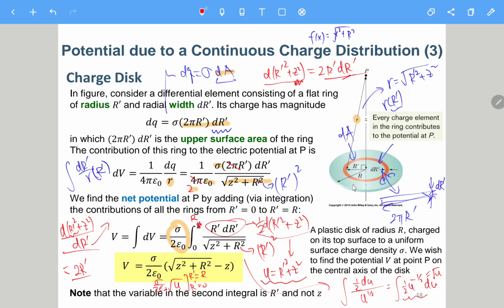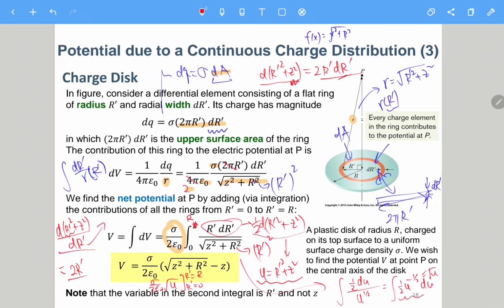Z is kept constant because this is the point where we would like to find the electric potential. So z doesn't change at all. The only variable is r prime. So we get this expression.